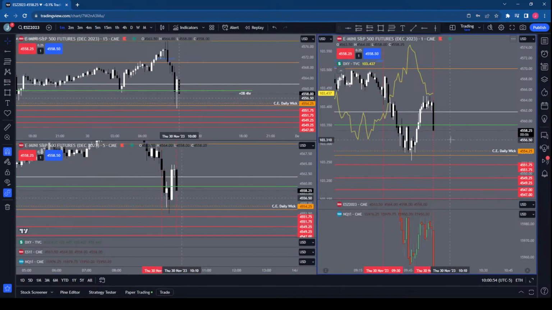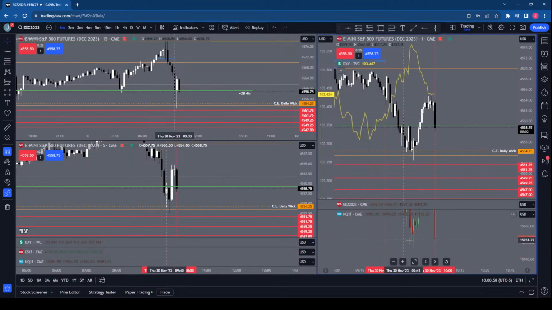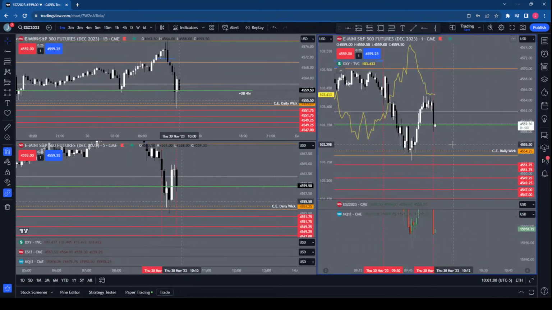Again, I want a really obvious one-sided setup.